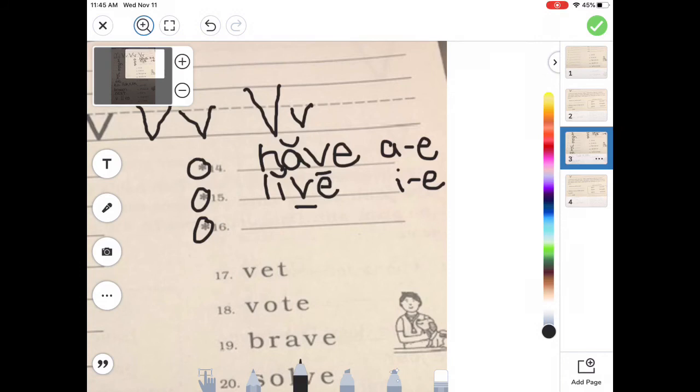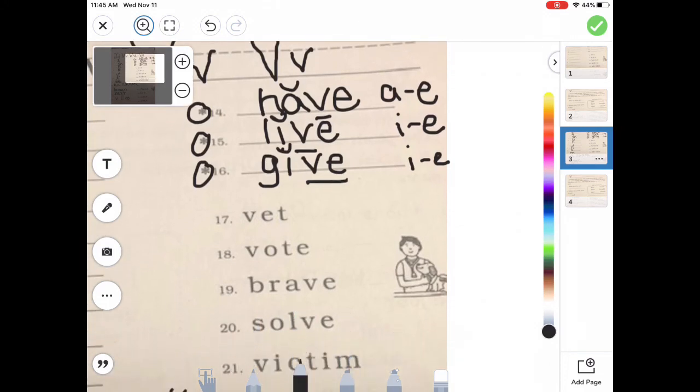So have and live. How about give? Give. G, very good. I, and then V, but remember I have to keep that V and E together at the end. And again, listen, G, I. It makes a short sound, so even though it's an I sneaky E word, these are rule breakers. Remember, that's what that asterisk means.